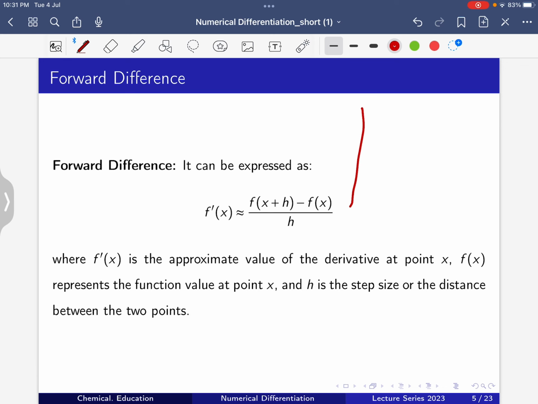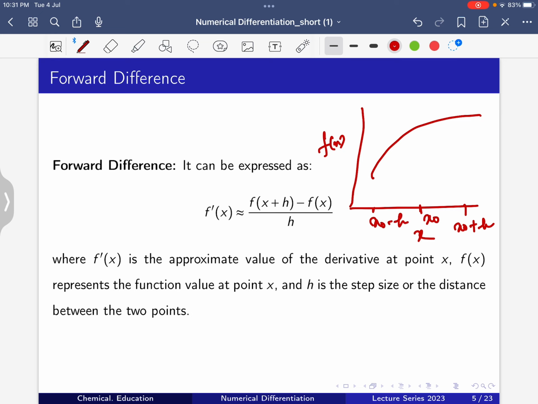Here if you plot again x versus f(x), suppose the plot is like that. Suppose this is the x0 point, this point is x0 plus h, and this point is x0 minus h.